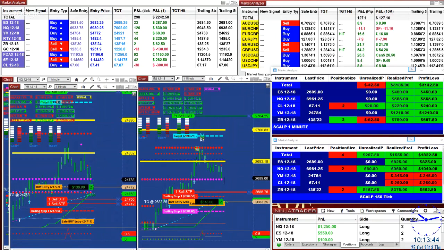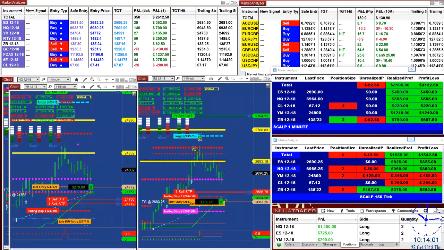I don't know how long it had been open, but probably from the beginning of the session, he had one short trade on the YM, and it was $700 in profit on one YM. You can do the calculation, $5 per tick on a YM.